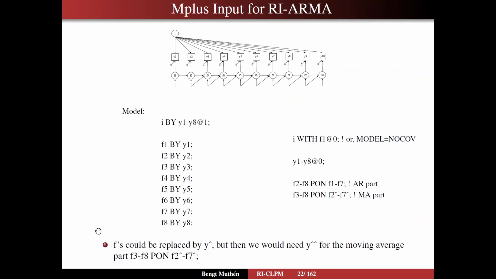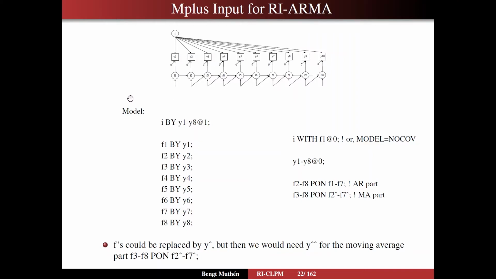So we're looking at it again on slide 22, and you have the figure up here. In Mplus language, we have the model for the measurement of the random intercept with fixed loadings 1, so it's a true random intercept up here, which influences the observed y variables.